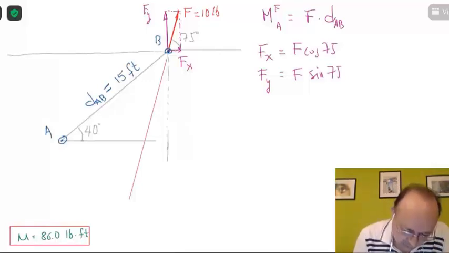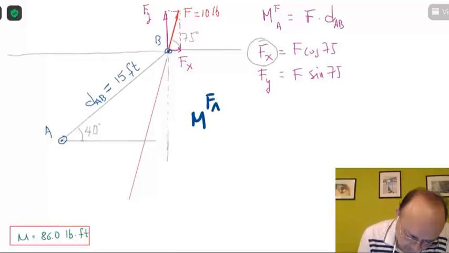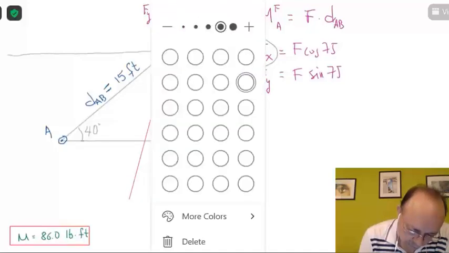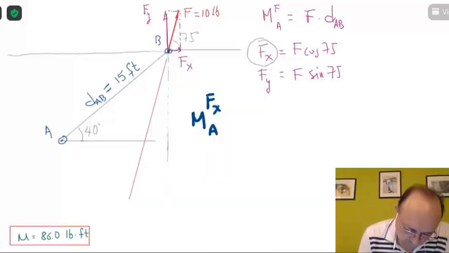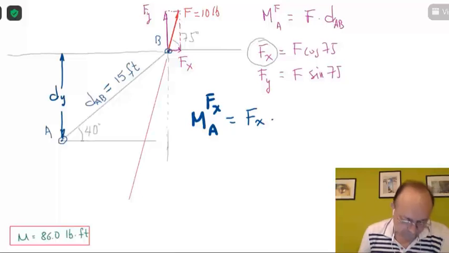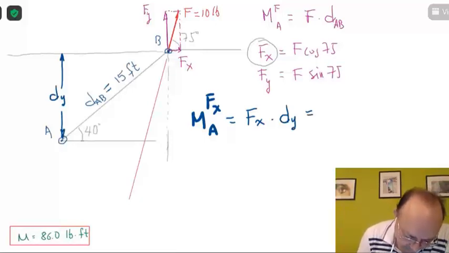So in order to calculate the moment of Fx with respect to A, that's too thick, will be equal to Fx times this distance here. I'm going to call it dy, right? Dy will be equal to dAB sine 40.